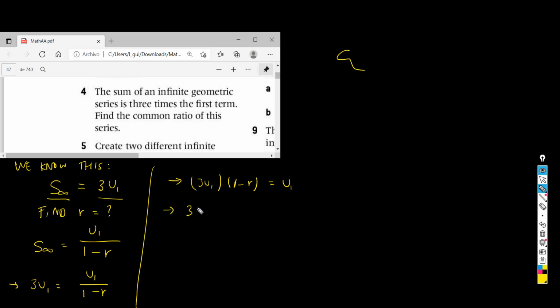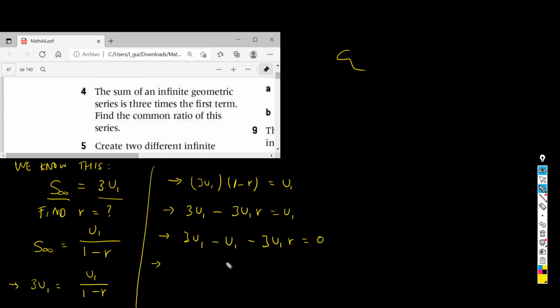Let's keep simplifying: 3u1 minus 3u1r equals u1. Then I subtract u1 from both sides, so it's 3u1 minus u1 minus 3u1r equals 0.